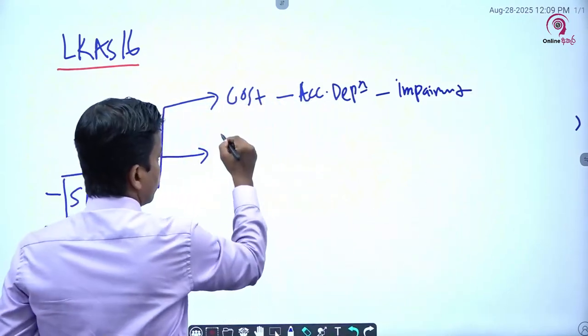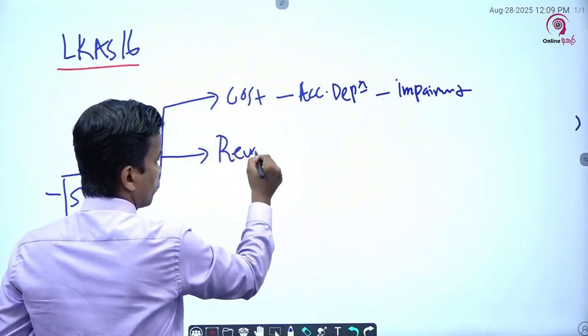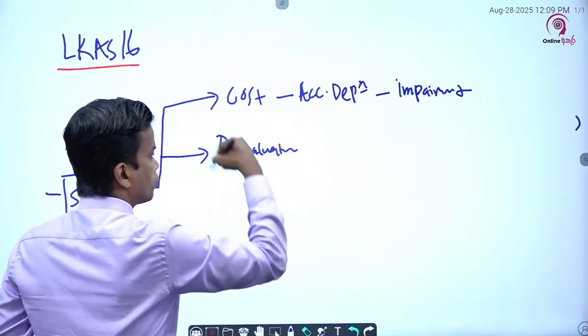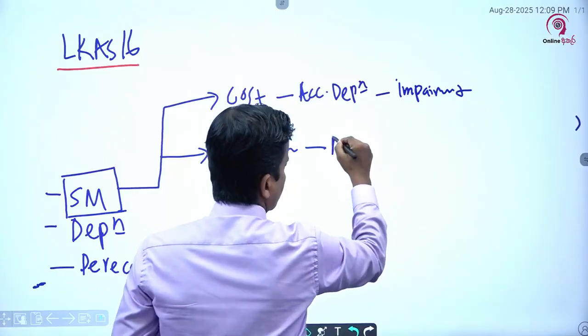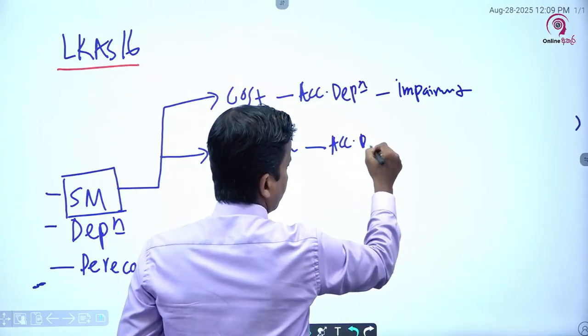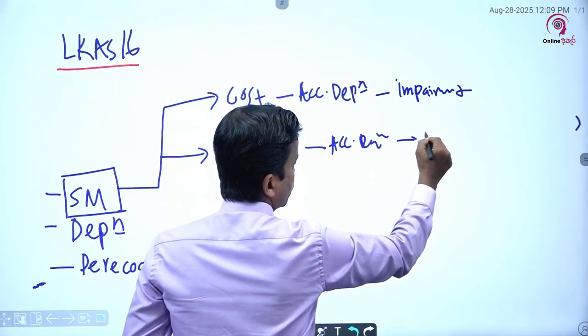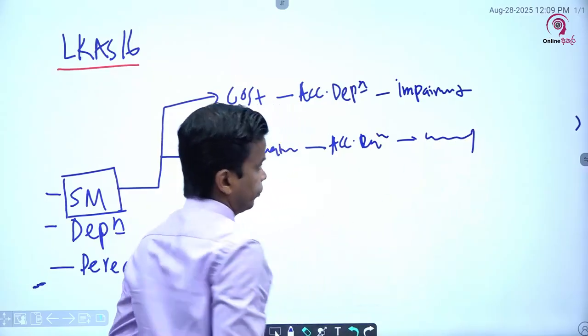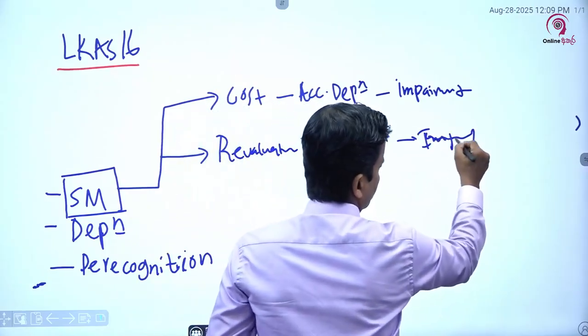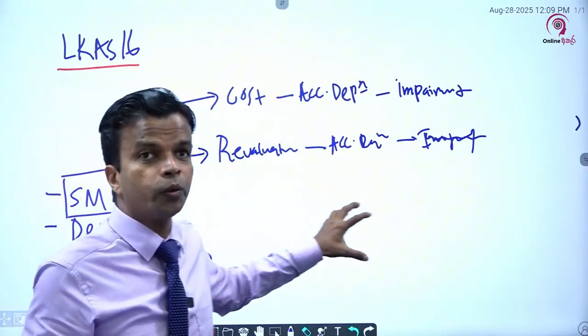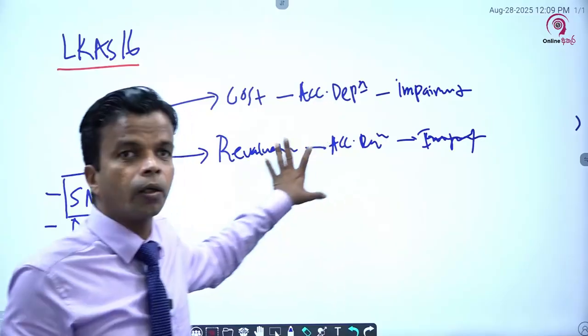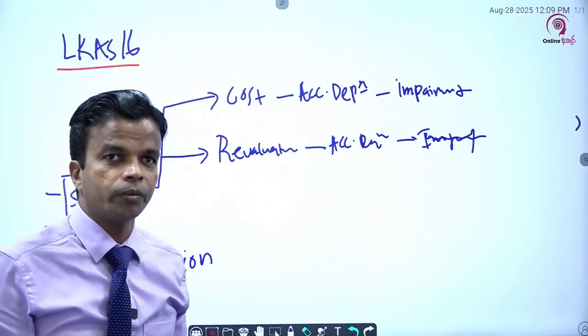Or you can move into the revaluation model. Subsequently, you can move into revaluation, and then on the revaluation amount, you can identify accumulated depreciation and impairment. So for subsequent measurement, you have two methods you can follow, either the cost model or the revaluation model.